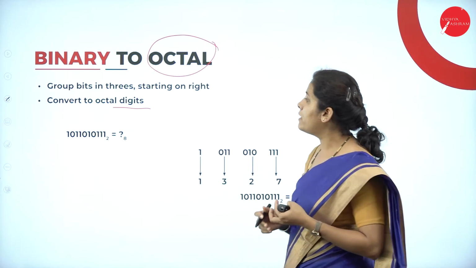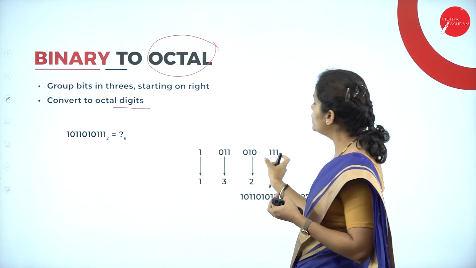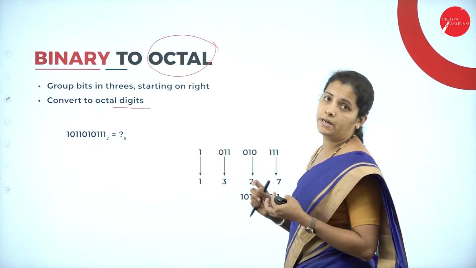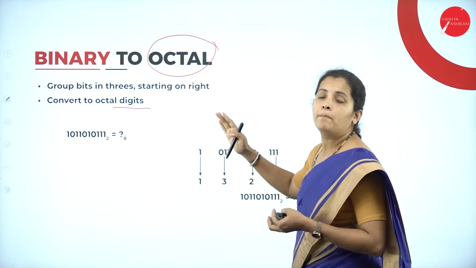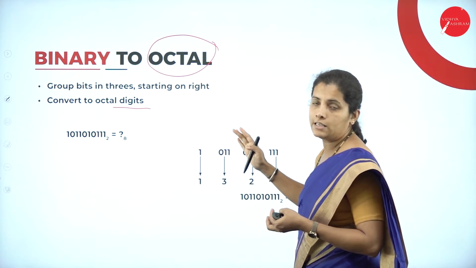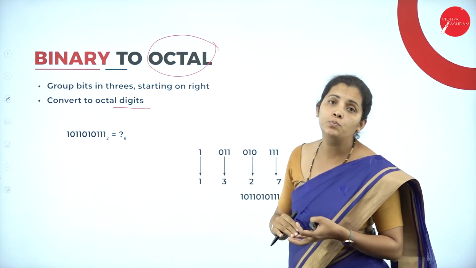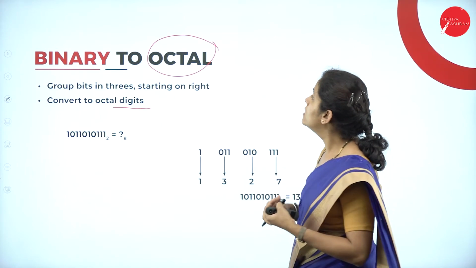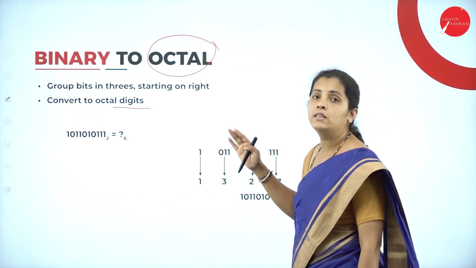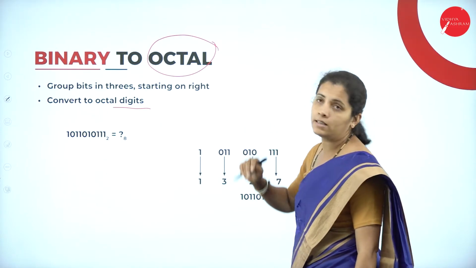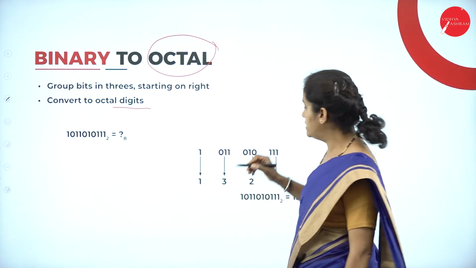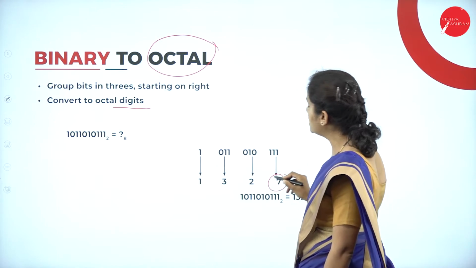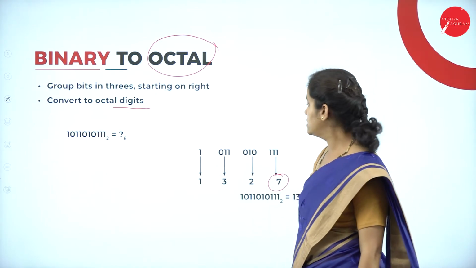So what is the value I have? I'm going to convert 3 bits together. Then I'm going to write the binary values as it is. That means I'm going to group 3 bits together. Then I'm going to write the equivalent octal number. So if I get 3 ones, then it is the octal representation of 7.